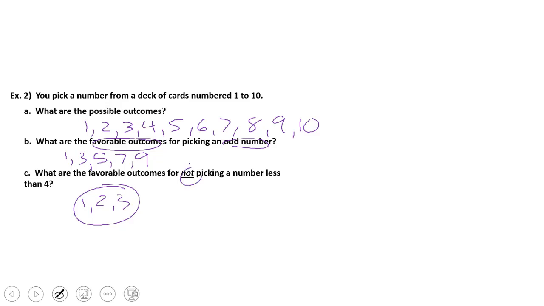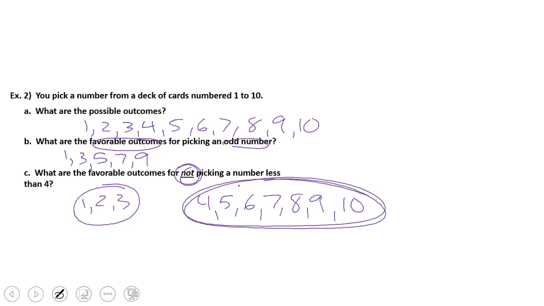So the opposite, not picking a number less than 4, would be 4, 5, 6, 7, 8, 9, and 10. So these are the favorable outcomes of not picking a number less than 4. Every single one of these numbers is not less than 4.